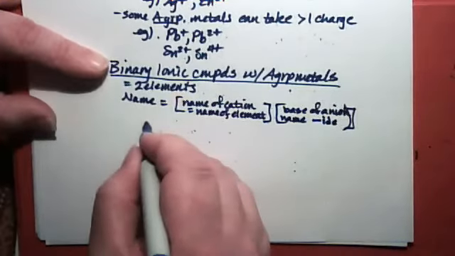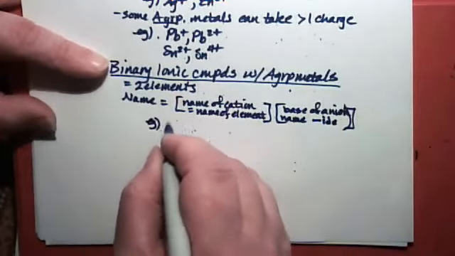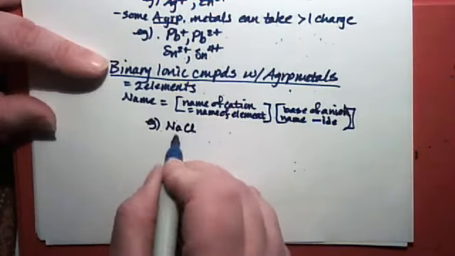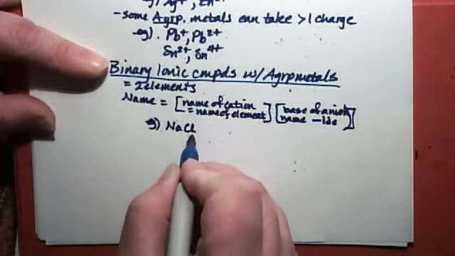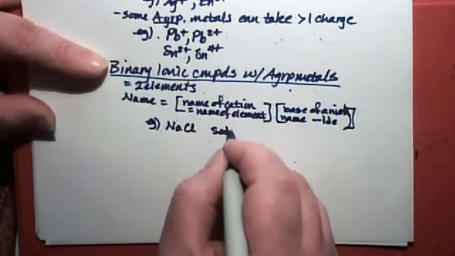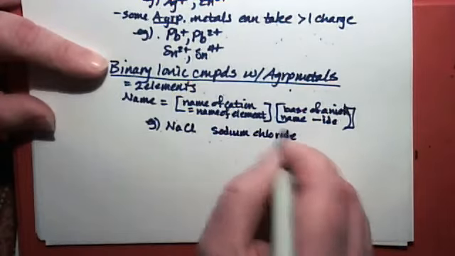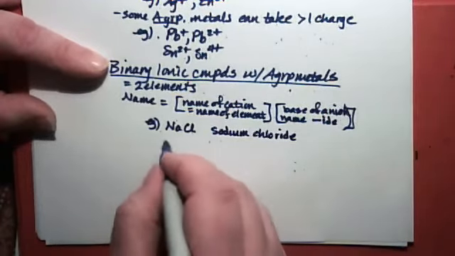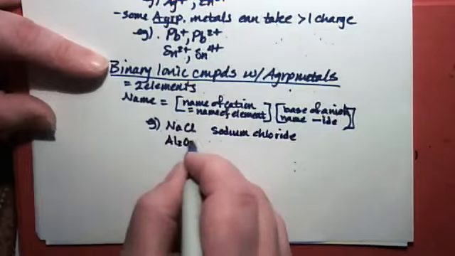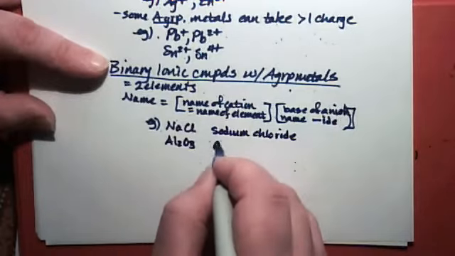For example, we have NaCl, which is sodium chloride, and Al2O3, which is aluminum oxide.